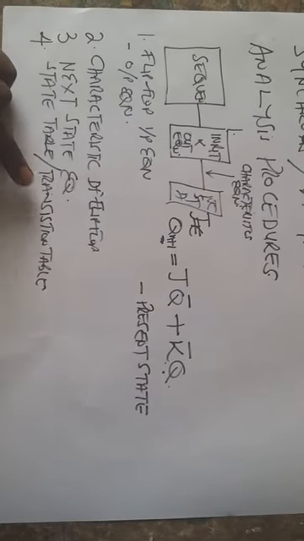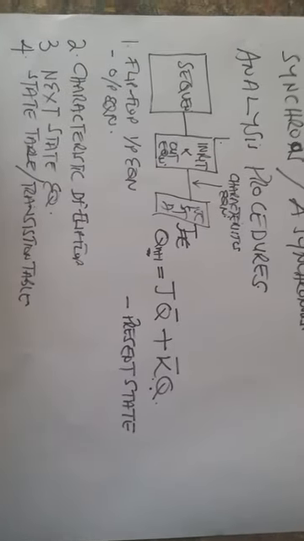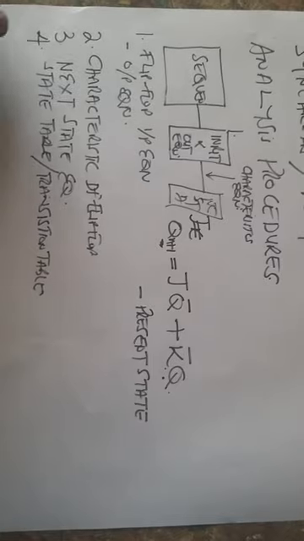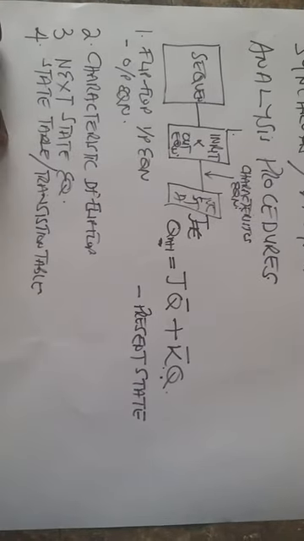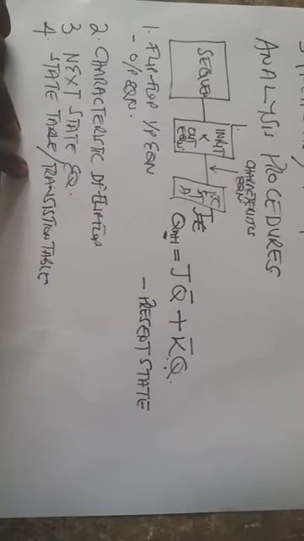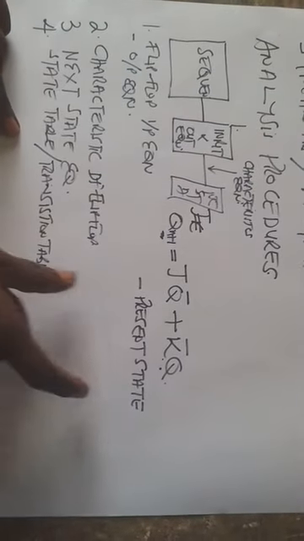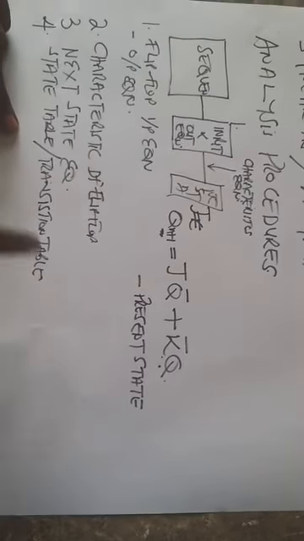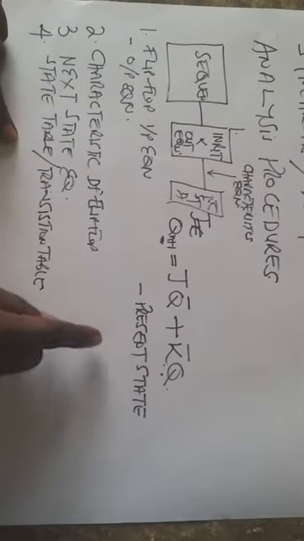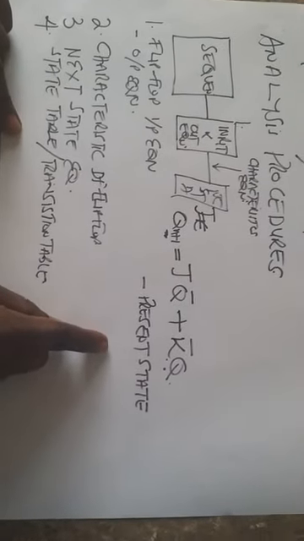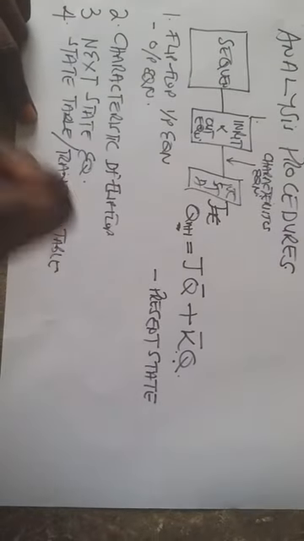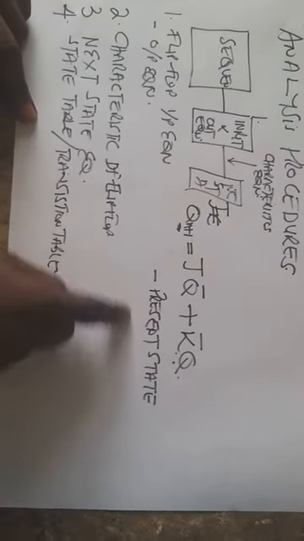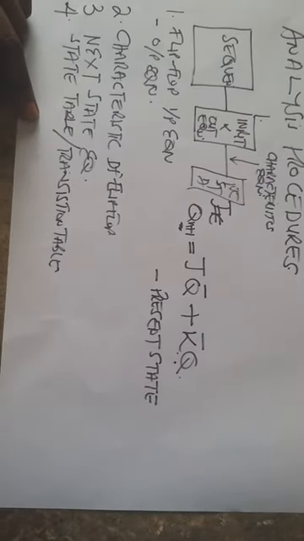Remember, it's a synchronous circuit we are analyzing. So in the state table, the first heading will be our present state, and it tells us that, before we apply a clock pulse, what was the state of that sequential circuit?